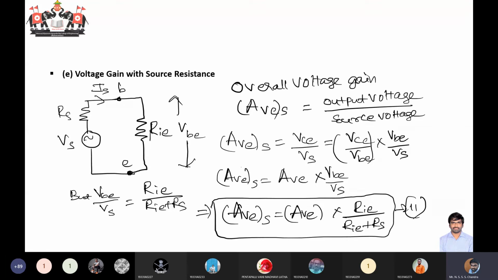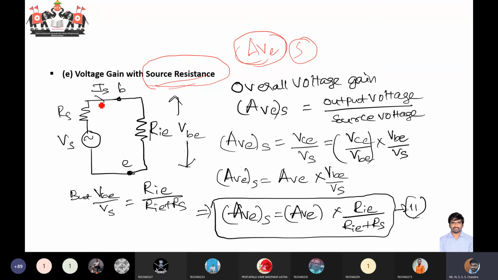So if you want to consider that internal resistance, the voltage gain after including the source resistance RS will be represented by AVS, where AV is nothing but your normal voltage gain in the common emitter configuration. Adding this subscript S means that we are also including the source resistance.